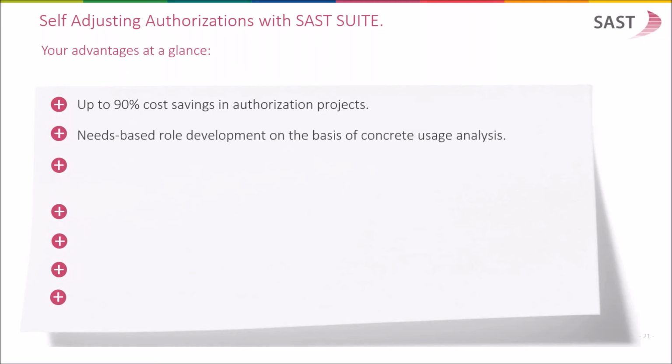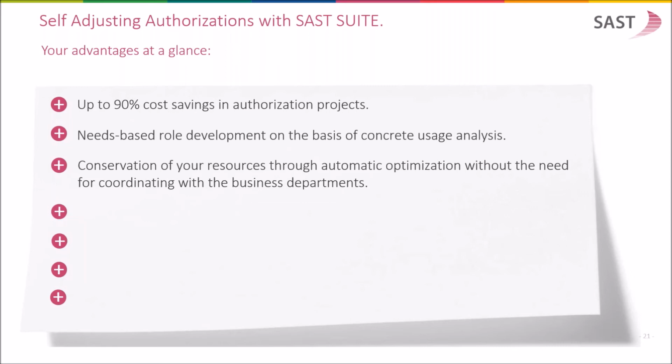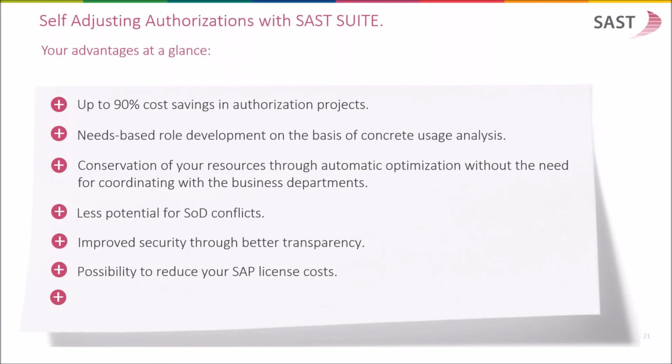So the role development on the basis of concrete usage analysis can reduce the number of resources for the automatic optimization with no need for coordinating, and less potential for SOD conflicts. Improved security by better transparency, so the number of transactions inside one role will be reduced. And as I mentioned a little bit earlier, the side effect of reducing your SAP license cost will be a big impact, which was also discovered by RENK.